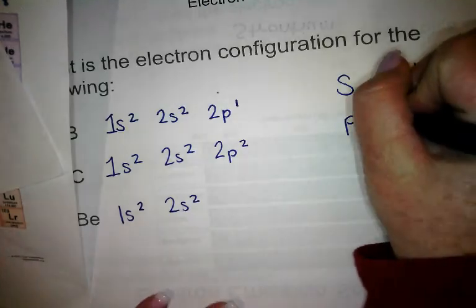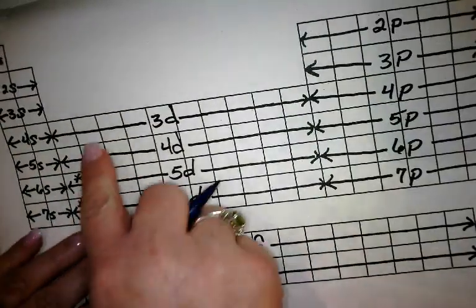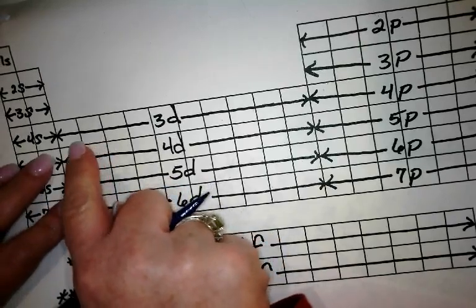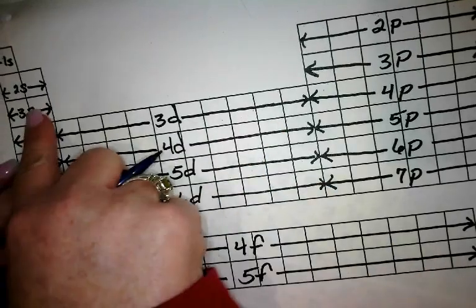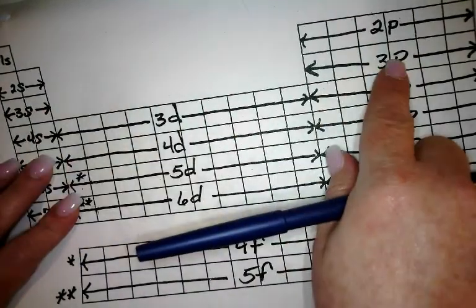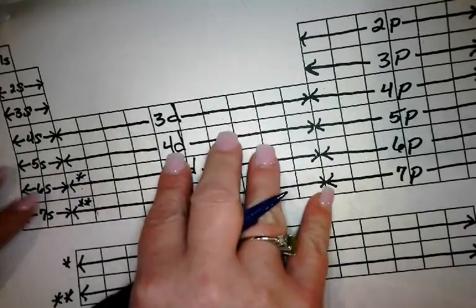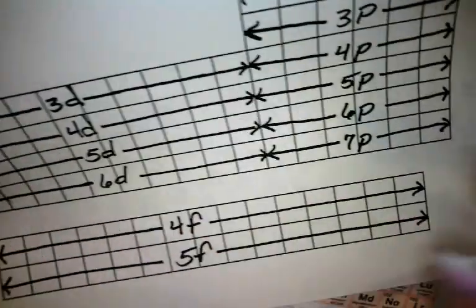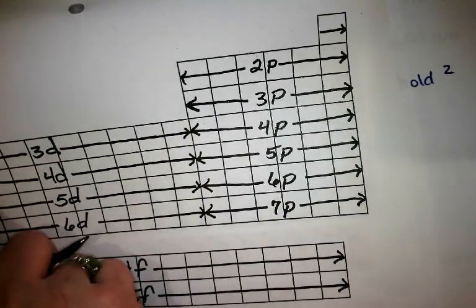D's, depending on where the elements are down here, we go from 3p and then 3d. These are those transition metals that follow a little bit different pattern. But d can actually hold up to 10.